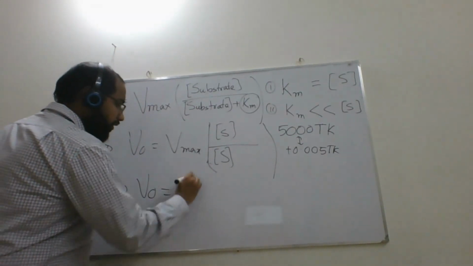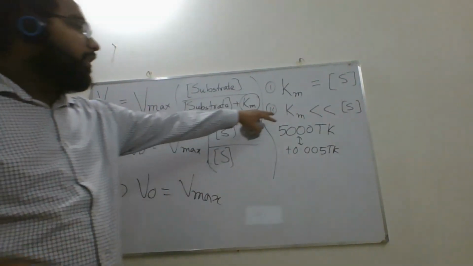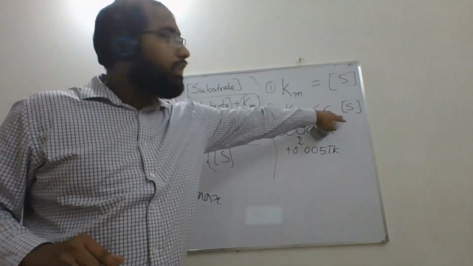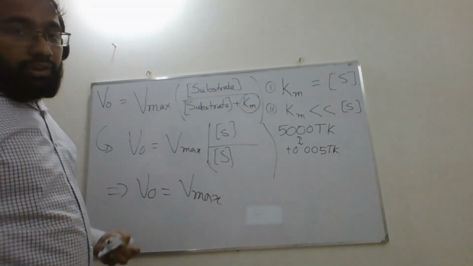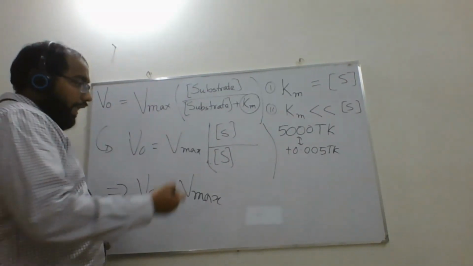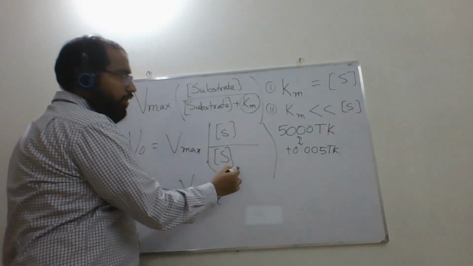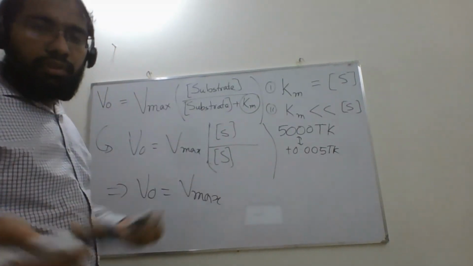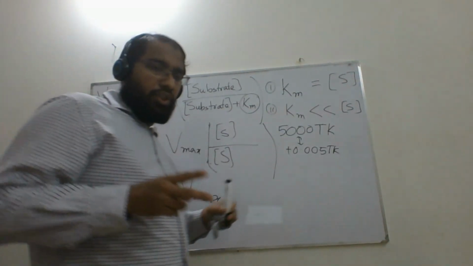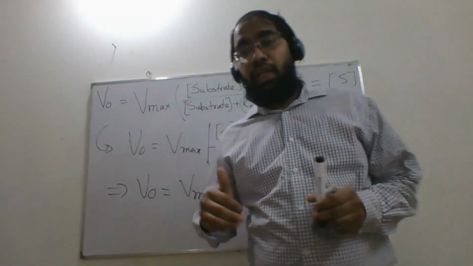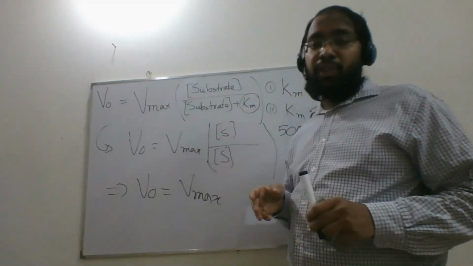If Km, the Michaelis-Menten constant, is very much less than S, then the value of Km can be omitted, and because of that V0 equals Vmax into substrate concentration divided by substrate concentration. As this is almost nothing, we can say V0 equal to Vmax. So these are the two special conditions for each and every enzyme catalyzed reaction that follows the Michaelis-Menten equation.